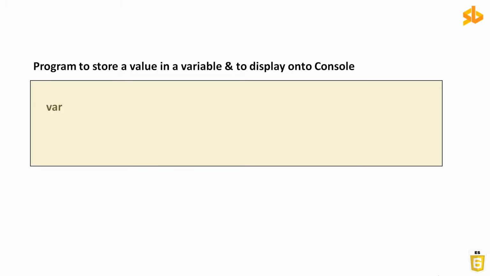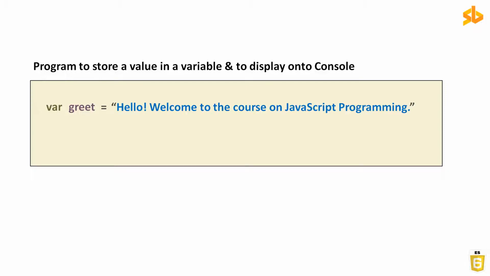And the syntax for that starts with var keyword followed by a white space which is mandatory, and then the identifier name of our choice. Let's just say greet, just an easy to remember name, and equal sign followed by the long message enclosed within quotes, finally ending with a semicolon which indicates the end of the statement.